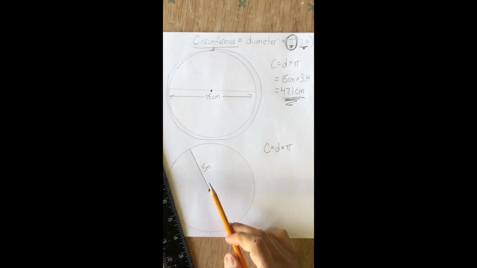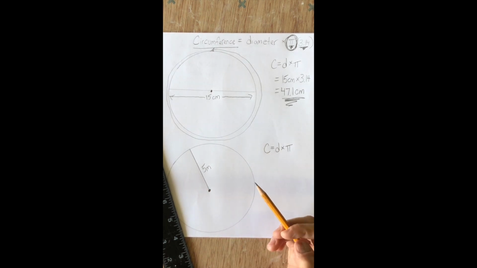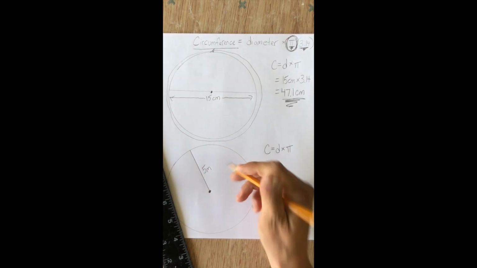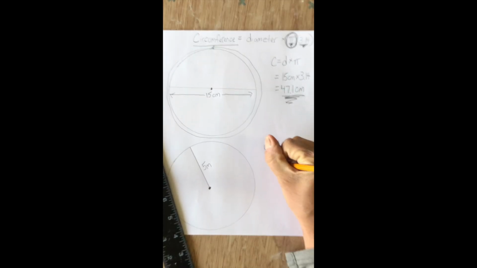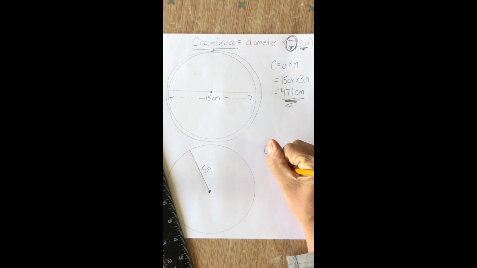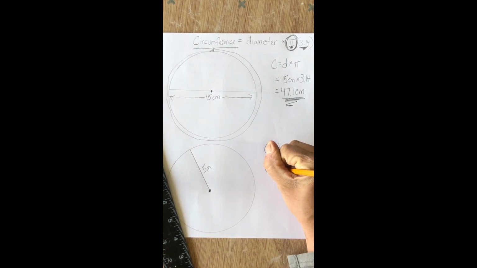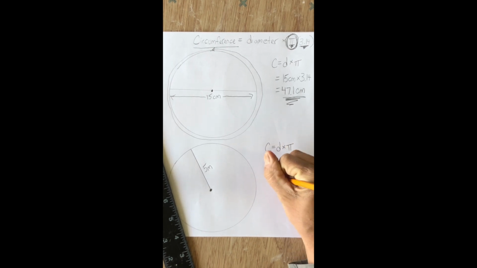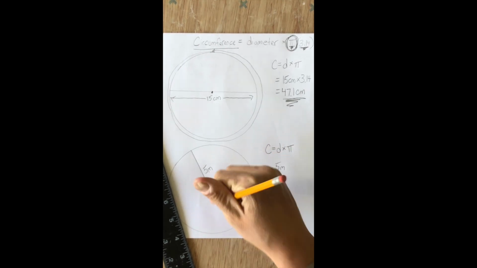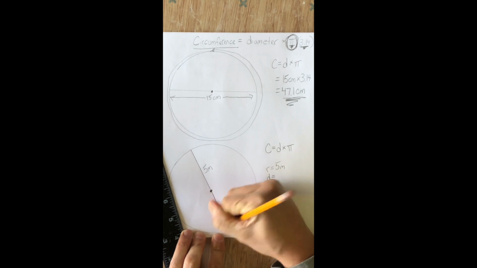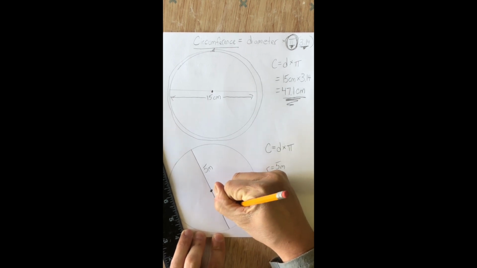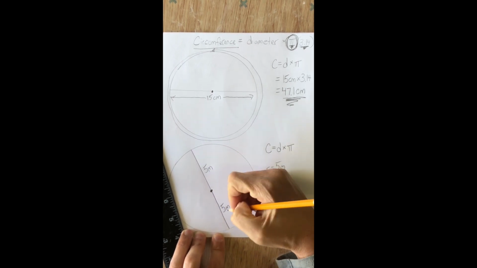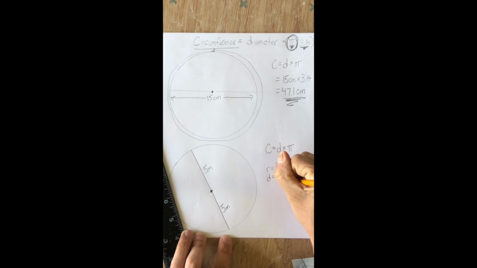What I have so far is the radius. I don't have the diameter yet. So I first need to turn this into a diameter. You'll remember from last week, if my radius is 5 meters, then my diameter is just all the way across, so 5 plus 5, or 2 times 5, my diameter is 10 meters.